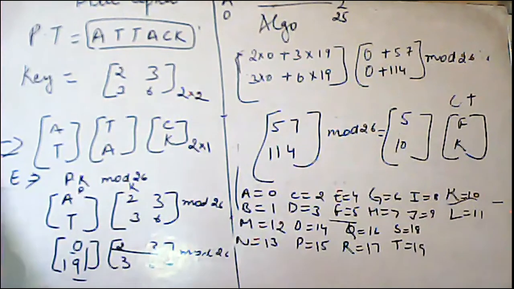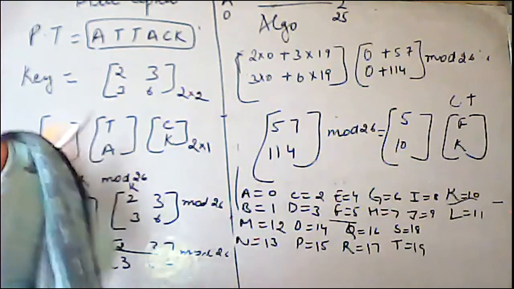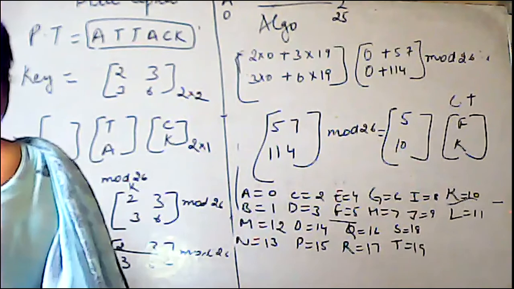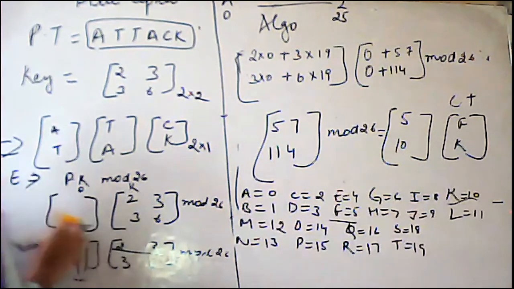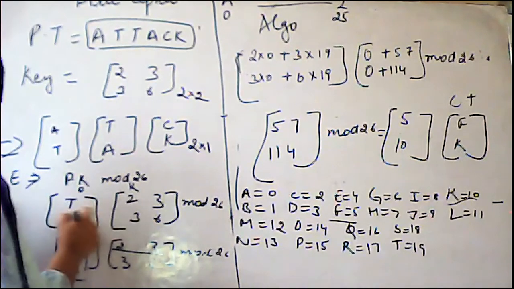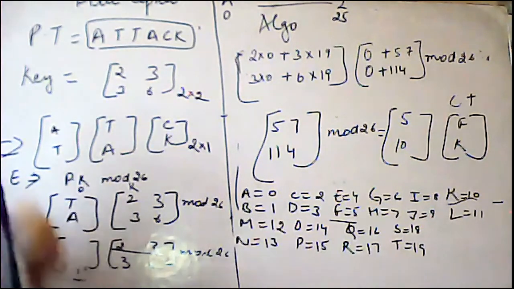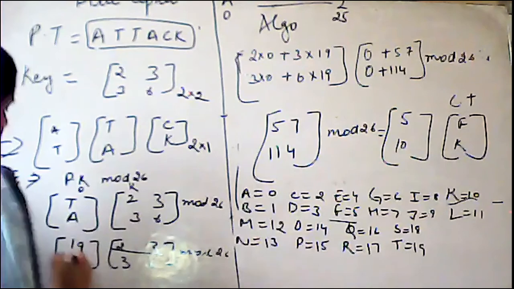Okay. Similarly, you will do for TA. Similarly, we will be doing for TA. TA would be reverse of it. T and A. So it would be 19, 0. Fine.